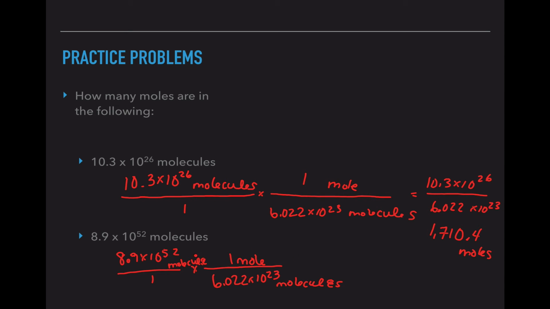And again, multiply across the top, multiply across the bottom, and that leaves us with 8.9 times 10 to the 52nd over 6.022 times 10 to the 23rd. And when we simplify that out, we have 1.47 times 10 to the 29 moles. Okay, so this is one way that we can convert molecules to moles.